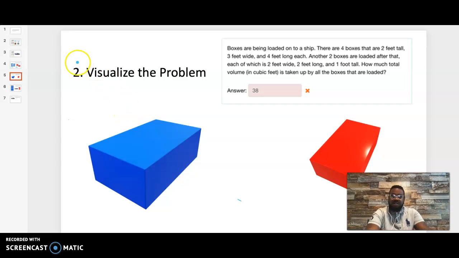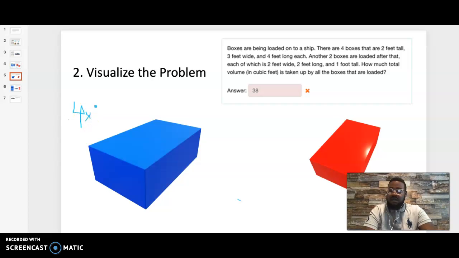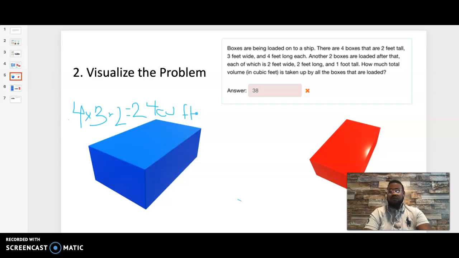So previously we said that here, if I multiplied 4 by 3 by 2, that would give me the volume of one box. What is the volume of one box? 4 times 3 is 12, times 2 more is 24. So that's 24 cubic feet. Another way to write that is 24 feet cubed.